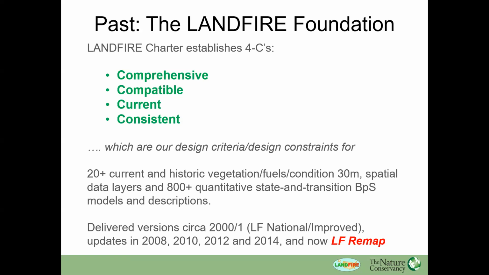We've delivered versions circa 2000, 2001, the original product. It was updated 4 times to reflect 08, 10, 12, and 14 landscape conditions. And now LANDFIRE Remap, which is intended to reflect landscape conditions at the end of 2016, except for a few products, which I will mention quickly later on.